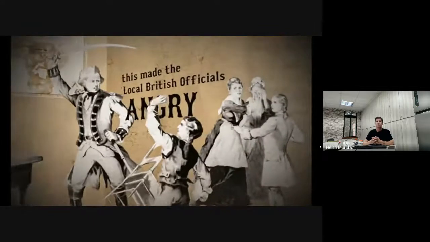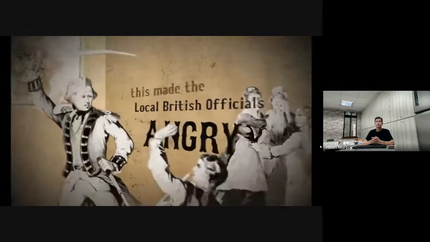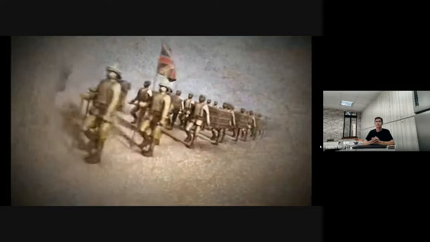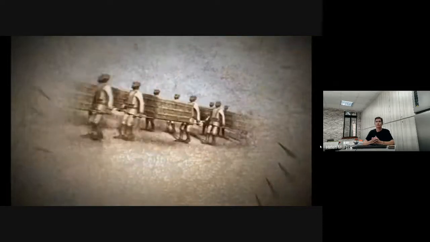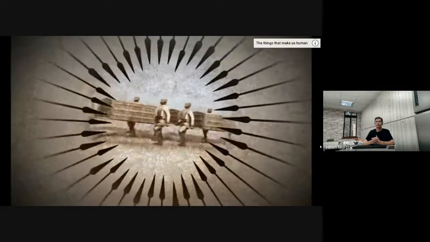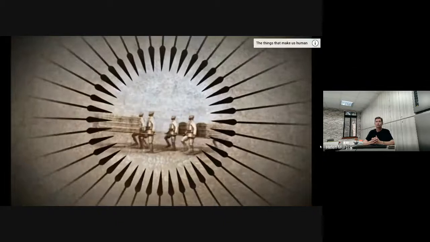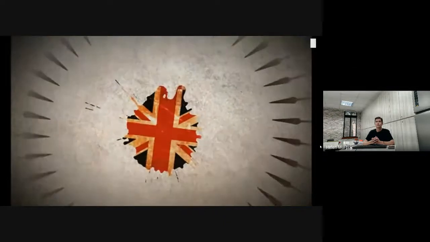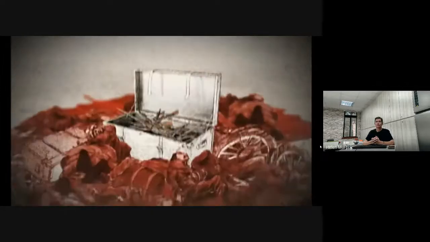This made the local British officials angry, and they demanded Benin be taken by force, and Benin's treasures be used to pay for the cost. A mission was launched to teach them a lesson. The 9 British officers, with their 250 porters, were ambushed and killed. Stupidly, their weapons were locked away in a trunk.